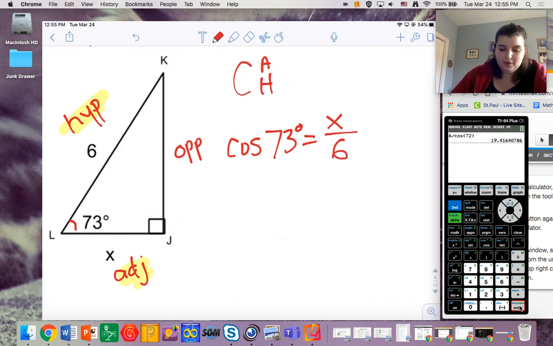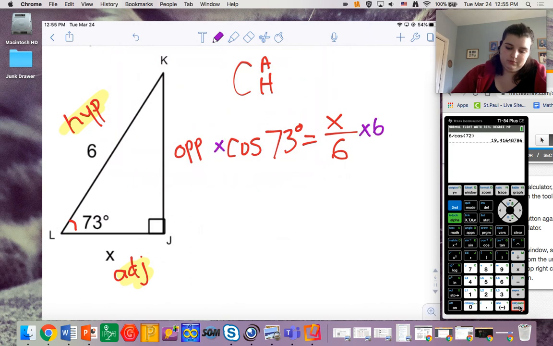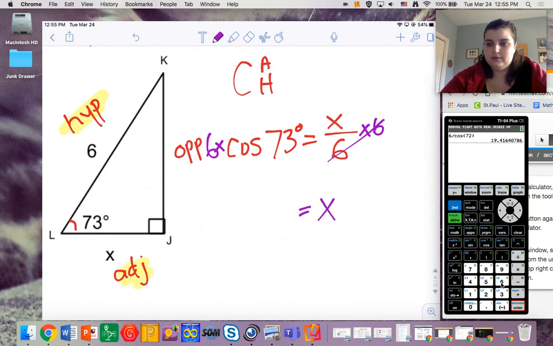Okay. Now I've got my x in the numerator. I multiply by 6 in order to get my x. Okay. So that is just going to look like this: 6. You can put the multiplication symbol. I'm going to do it just for now, but you don't need it.